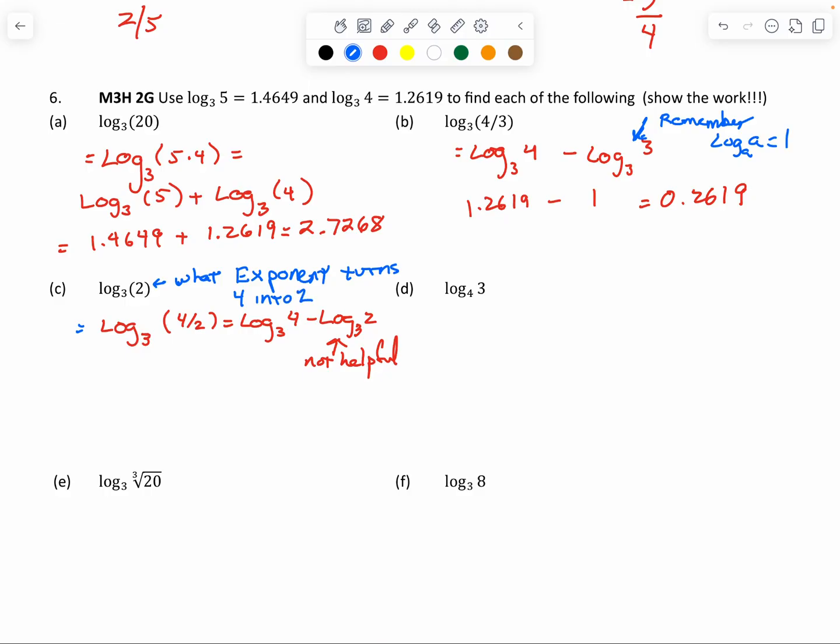So I want an exponent instead. So log of 2 is log, how do you get 2 from 4? Oh, square root.